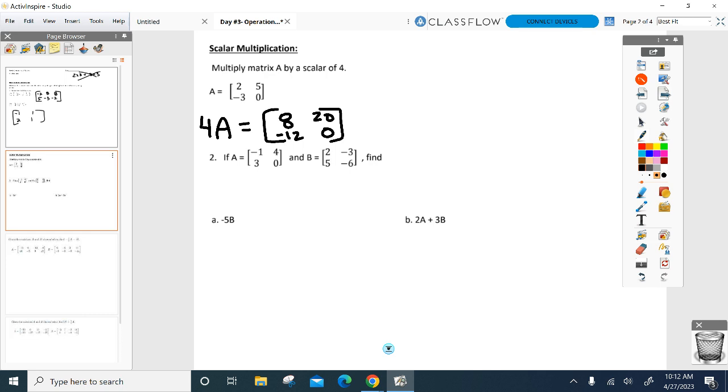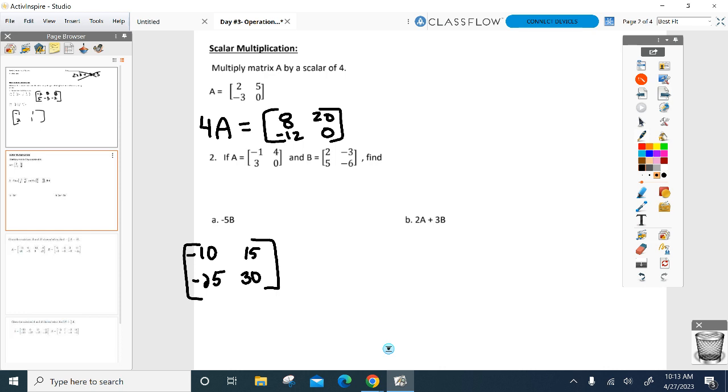So go ahead, do part A, -5 times matrix B. And then on part B, now we're multiplying and adding.